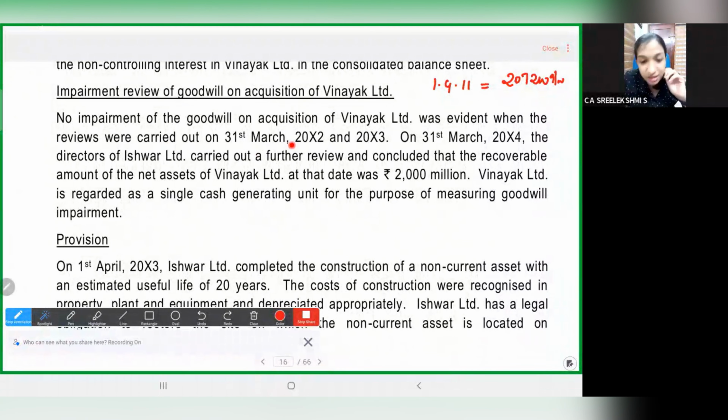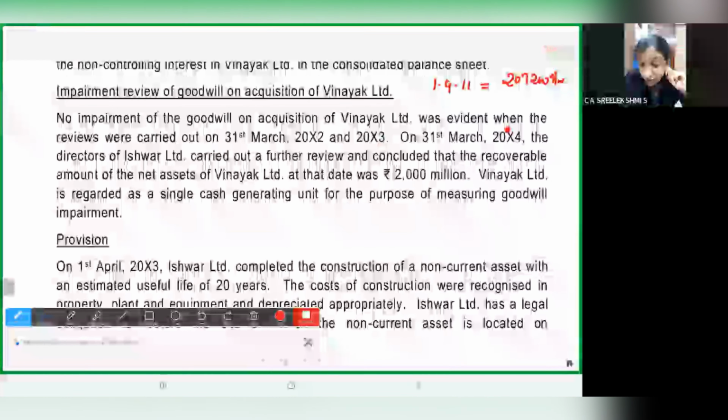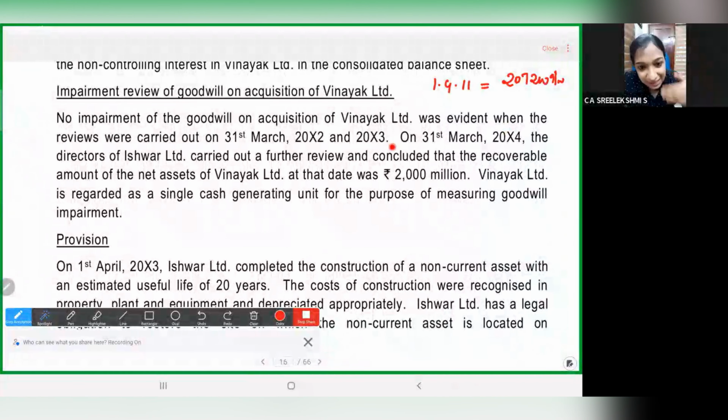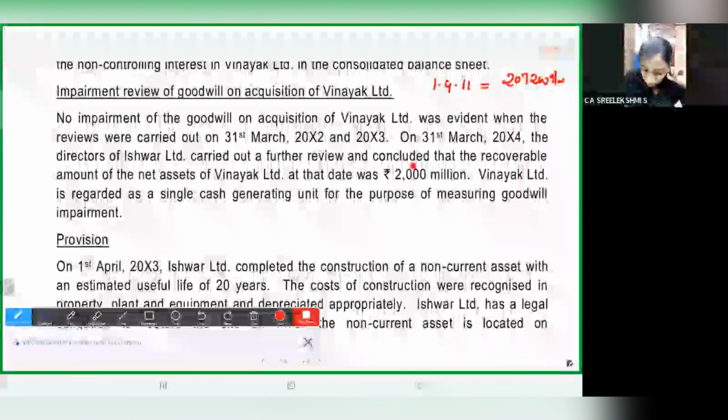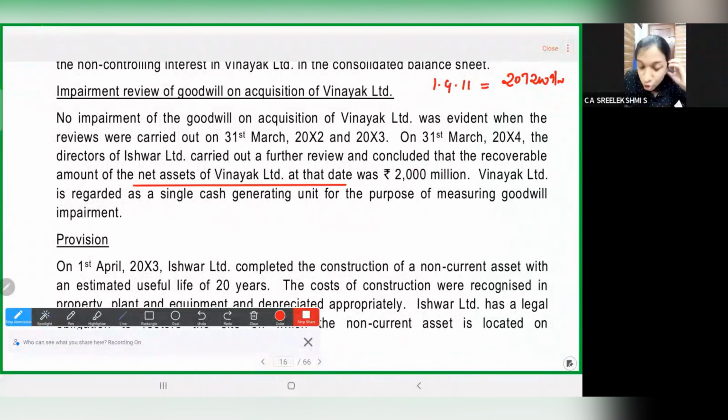First year end there is no impairment. Second year end there is no impairment. On 31st March 2014, which is the current year, the date on which we are preparing the consolidated balance sheet, the directors of Ishwar carried out a further review and concluded that the recoverable value of net assets of Vinayak at that date is 2000 million.